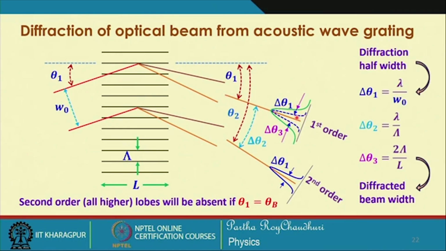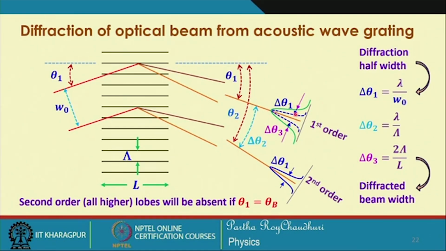Now, you can see that delta theta 1, which is equal to lambda by W 0, is the half width of this diffracted beam, and delta theta 3, this is anyway not useful in this case, because we are not considering the second order diffraction. So, this does not come into the picture, but this delta theta 3, that is twice lambda by L, comes because this is the overall beam size of the diffracted wave.